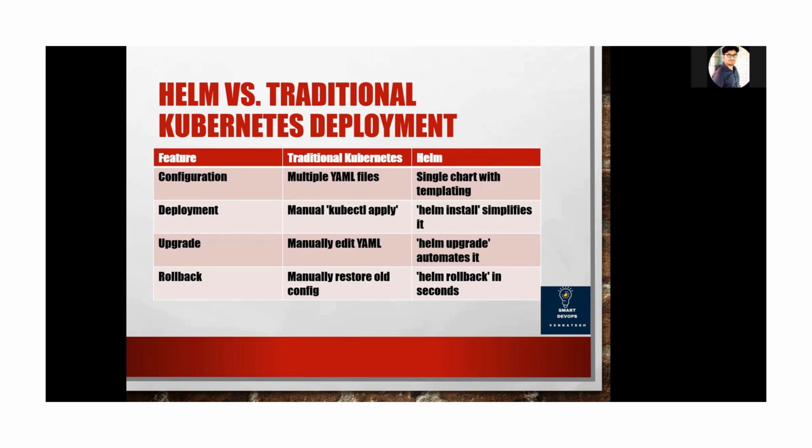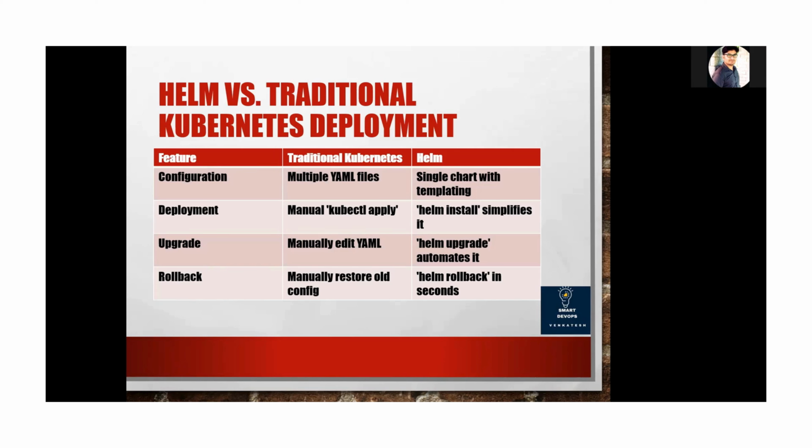On the other hand, with Helm, we use a single Helm chart that dynamically generates these files based on the configuration file called values.yaml. I will explain what values.yaml is and what is in it. With one command, we can install, upgrade, or roll back an application without touching individual YAML files.